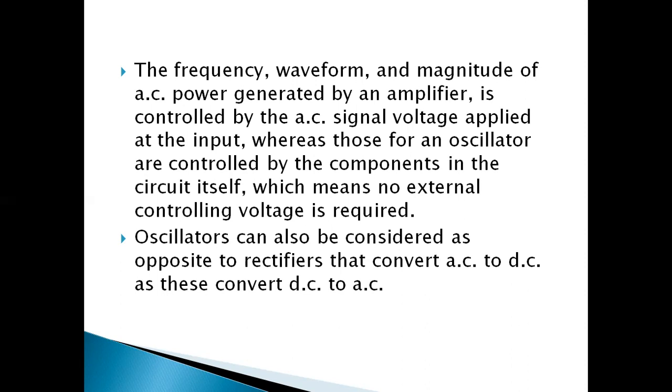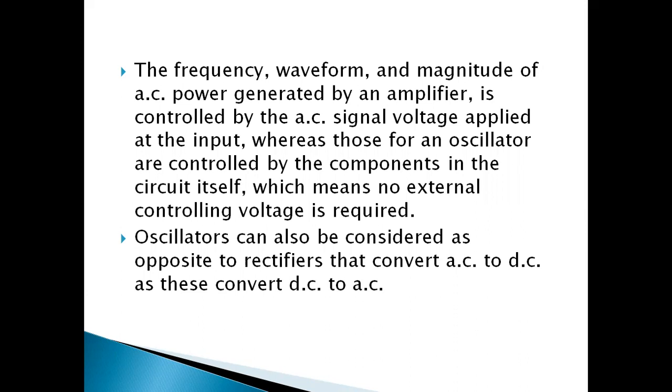Okay, and we can also say that oscillators can be considered as opposite to the rectifiers. A rectifier converts an AC signal into a pulsating DC or a DC signal, whereas an oscillator converts a DC signal into an AC signal.